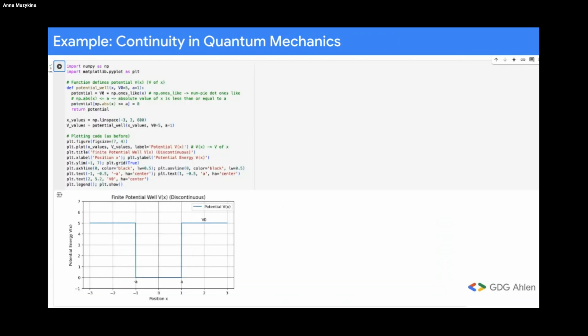The plot shows V of x has sharp jumps, is discontinuous. However, the particle state is described by a wave function, psi of x, which must be continuous everywhere, even where the potential jumps. This requirement constrains the possible shapes of it and leads to specific discrete energy levels, a key quantum effect. So, function continuity is a vital concept in quantum computing foundations.